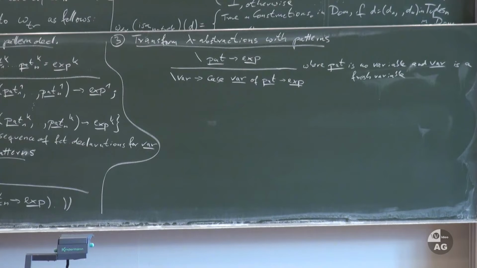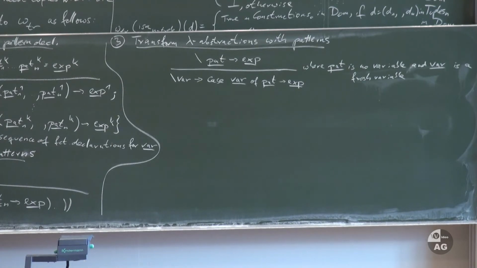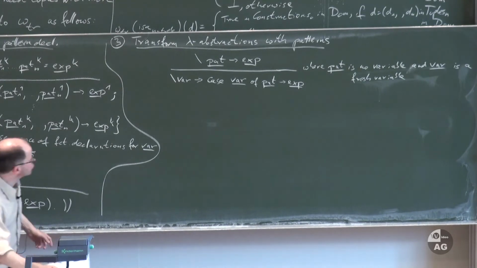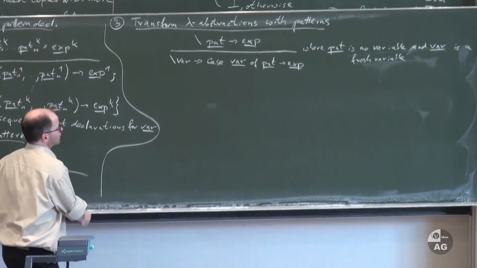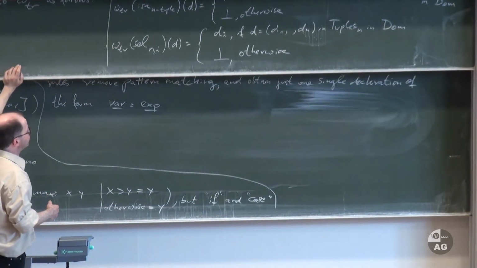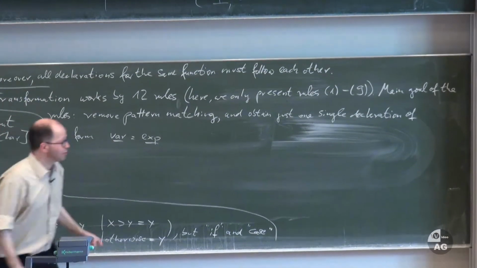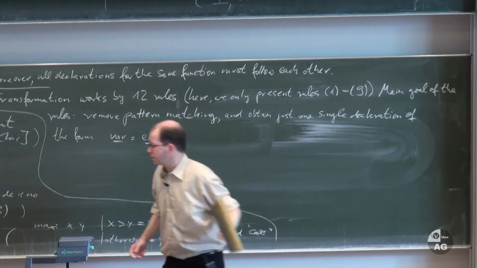So to make the formulation of the remaining rules easier, I will translate these case constructs into an equivalent construct, but which makes the rest easier to read. So what I will do is I will introduce a new construct which is not part of Haskell and is just used as an intermediate step.